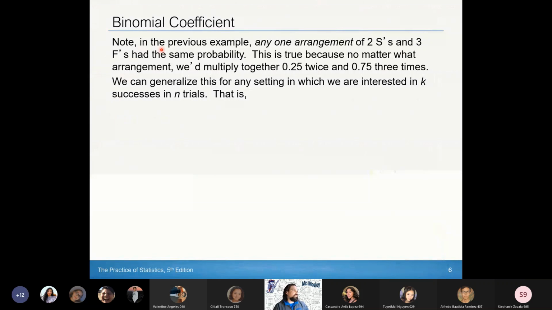Note that in this previous example, any one arrangement of 2 S's and 3 F's had the same probability. This is true because no matter what arrangement, we'd multiply together 0.25 twice and 0.75 3 times, as I said previously. We can generalize this for any setting in which we are interested in K successes in N trials.